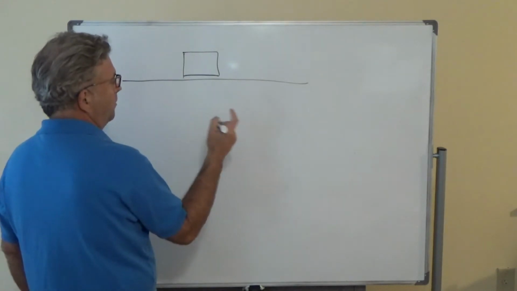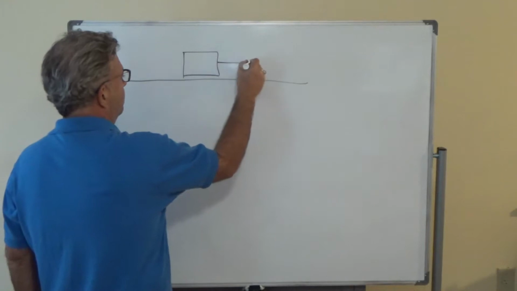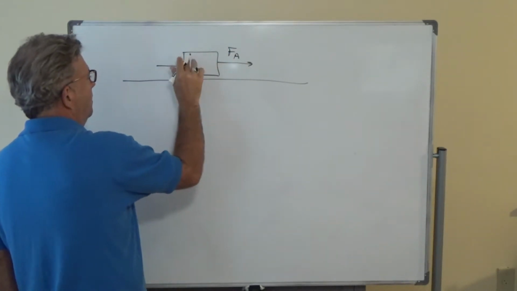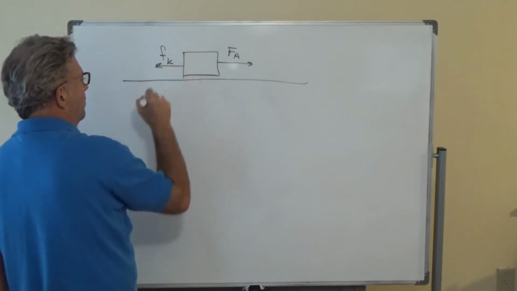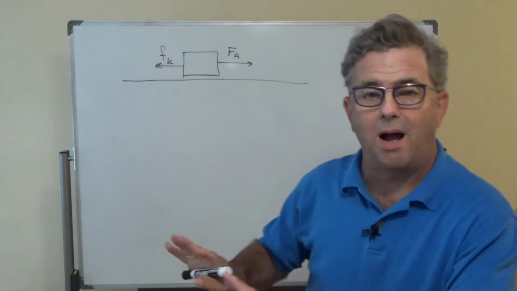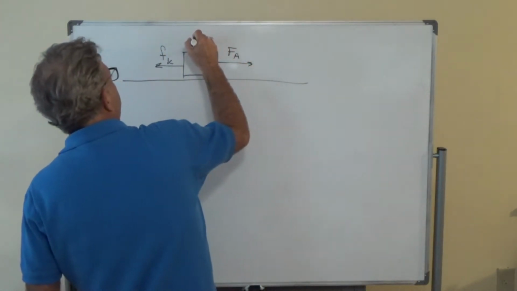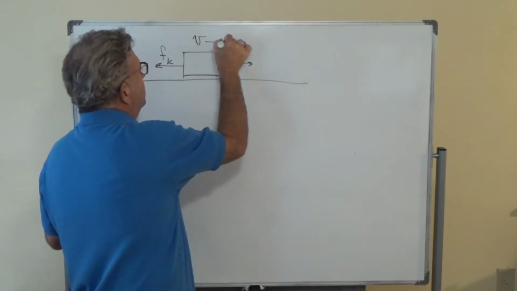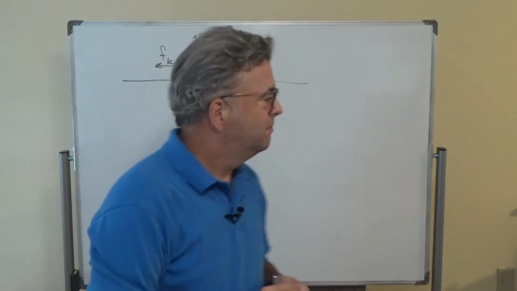Here's a box like we had back in the previous section, sliding along some floor. Here's some applied force, and here's some force due to kinetic friction. So maybe you're pushing a box along a floor at a constant velocity. Here's some v in this direction, and that velocity is constant.